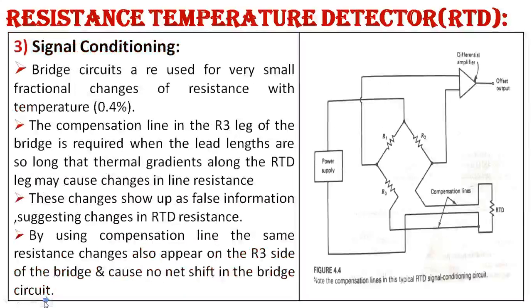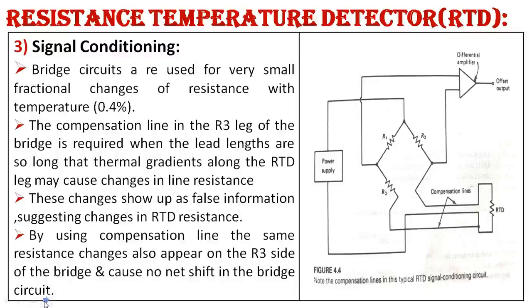The next characteristic of the RTD is signal conditioning. We have to use bridge circuits or compensation lines, and a differential amplifier. Bridge circuits are used for very small fractional changes of resistance with temperature.